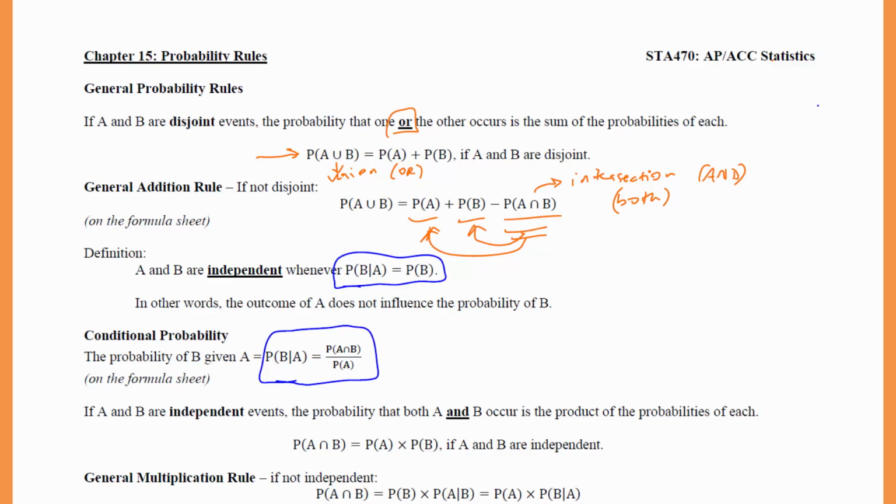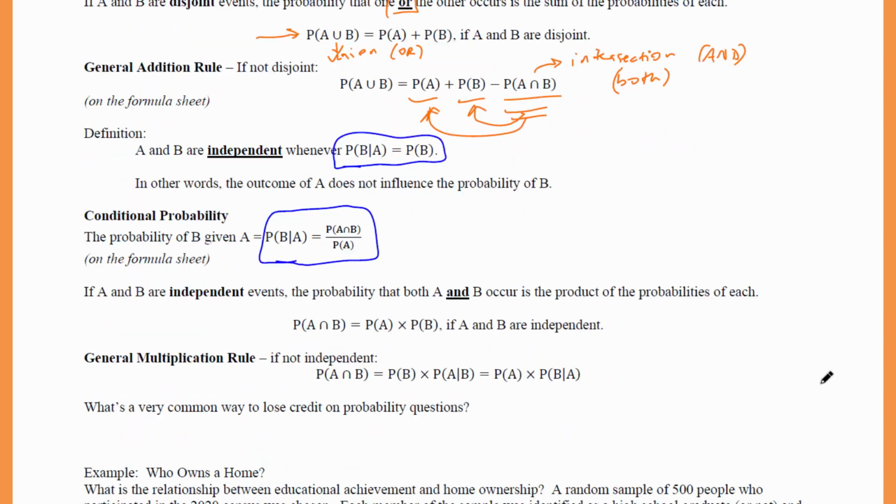Because when you're doing a conditional probability, the probability of B given A, you are narrowing your scope to only the times when event A happens. So that is now your sample space. That is what goes on the denominator of your fraction, the probability of that condition happening. And then on the top is the probability of that condition and the other event you're interested in both happening. That formula is also on the AP formula sheet.